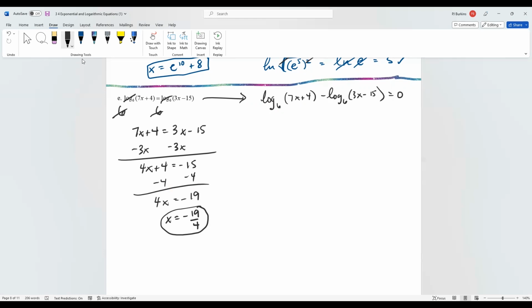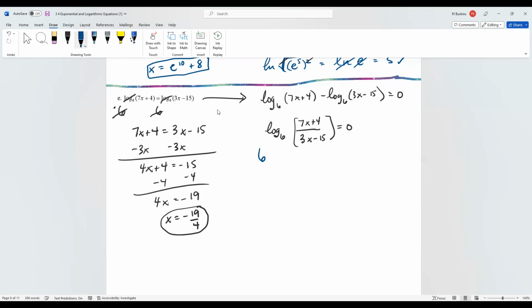I have 2 of the same types of logs, and they're subtracted, so I can put them together. So this is a single logarithm of base 6 of 7x plus 4 divided by 3x minus 15. And this equals 0. To get rid of the log base 6, I'd have to raise both sides of this equation by base 6.